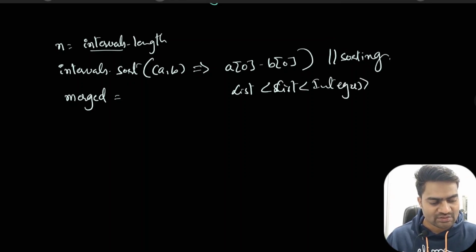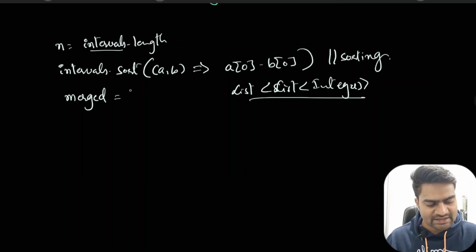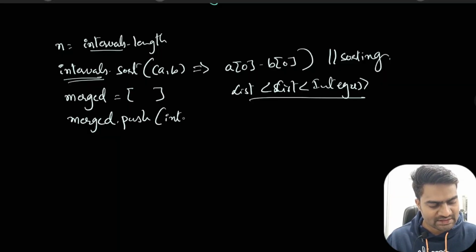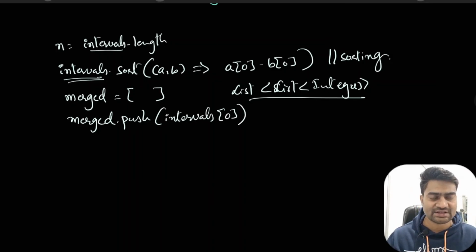Okay, so I will take it as an empty array. Then what I will do, I will push the first element from the intervals. So merged, or you can do add in Java, so merged dot push of intervals of 0. So this is the first value.